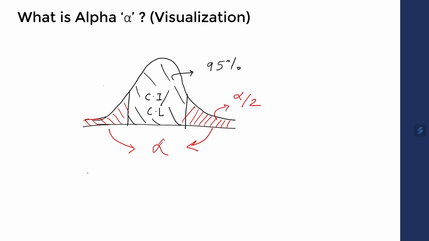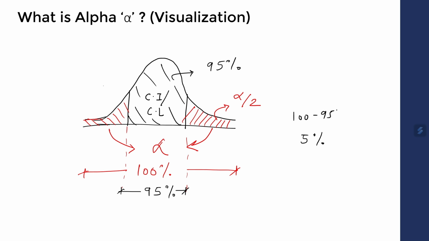As I was telling you from the beginning, the whole normal probability is 100%, but only this much portion we are taking as our confidence level. This portion is 95%, so when we subtract it from 100, we get 5%.